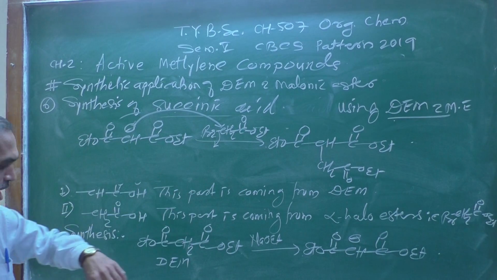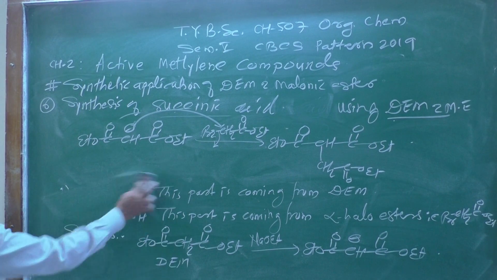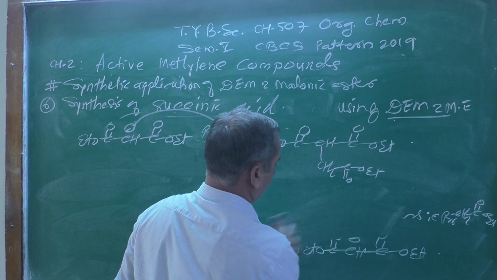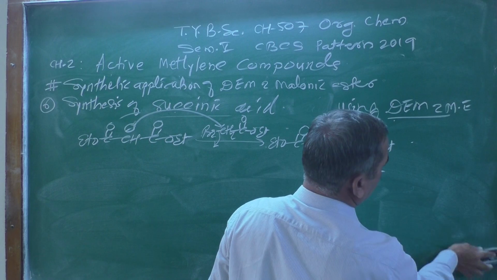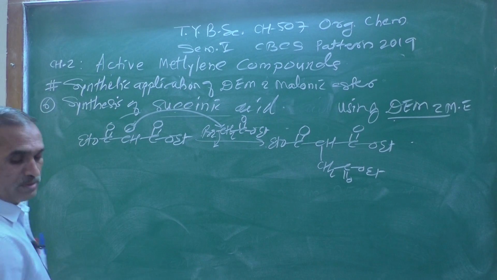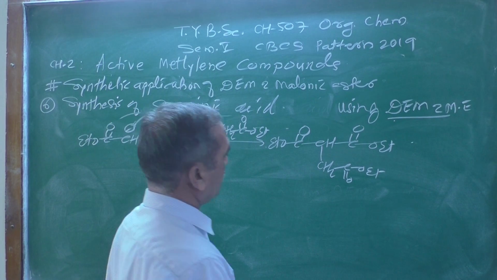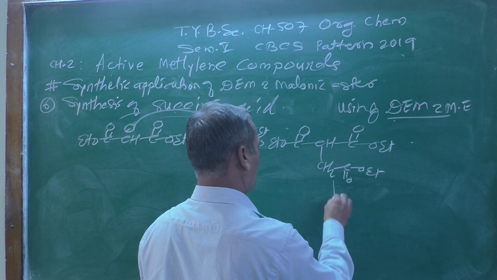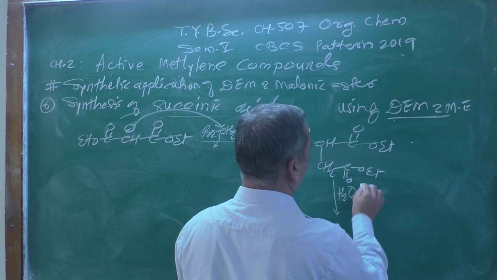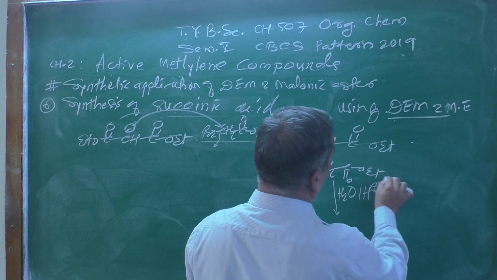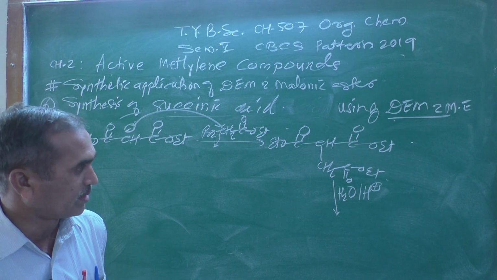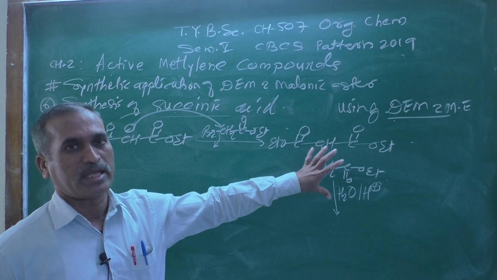And now after that, let me clean the board once again. Now what is the next step? Usually the next step will be the hydrolysis, H2O in presence of H plus. After the hydrolysis, as we know, it is a triester.